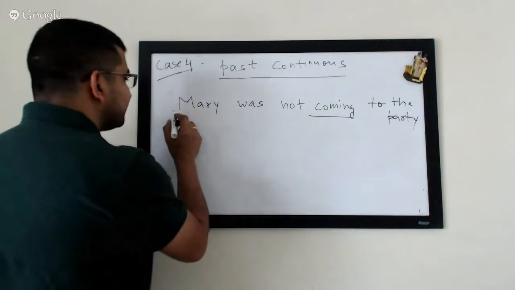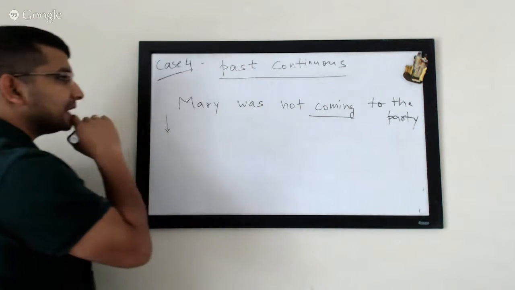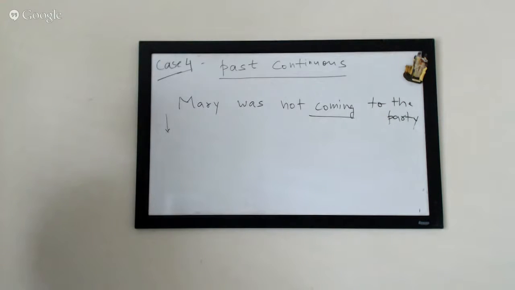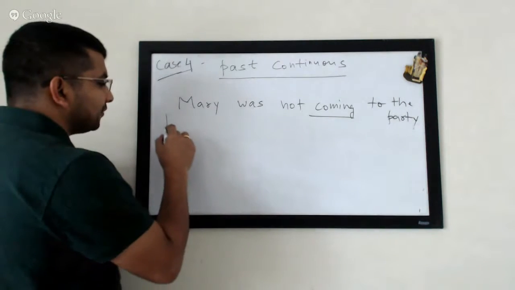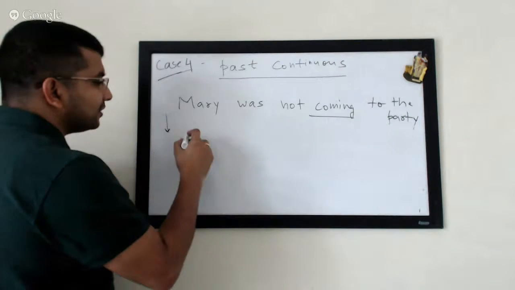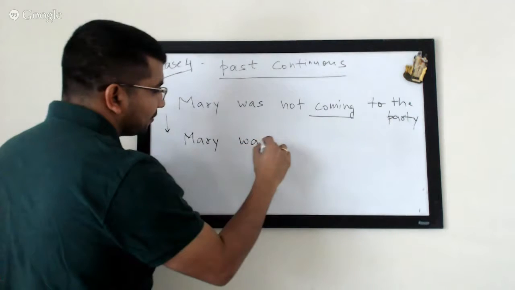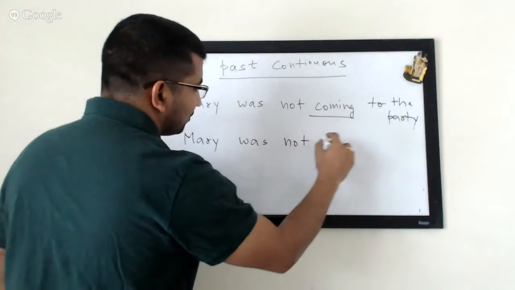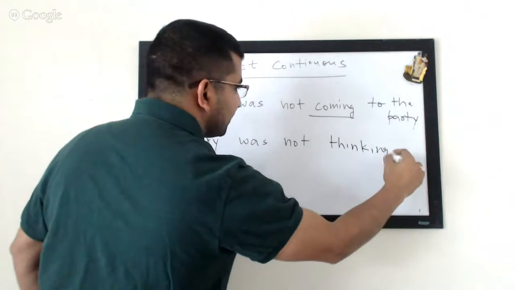And if you want to say a past continuous sentence using the main verb of this topic today, imagine: Mary was not thinking or imagining.